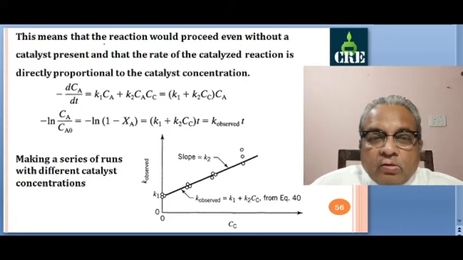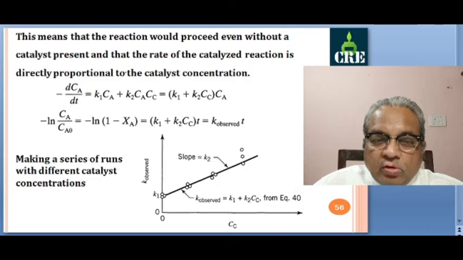So what this tells us is the reaction would proceed even without the catalyst, and when catalyst is added, the total rate is written as minus dCA by dt, the addition of these two happening simultaneously: K1 CA plus K2 CA CC. CA you can take out common, so K1 plus K2 into CC, you can separate out in the bracket.